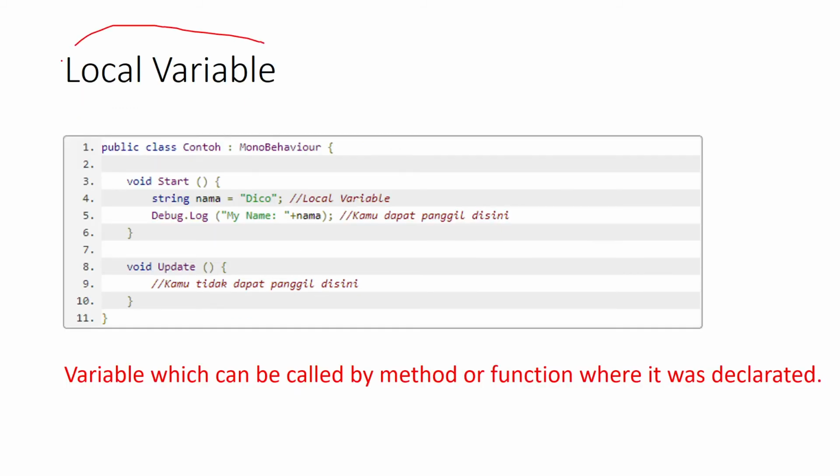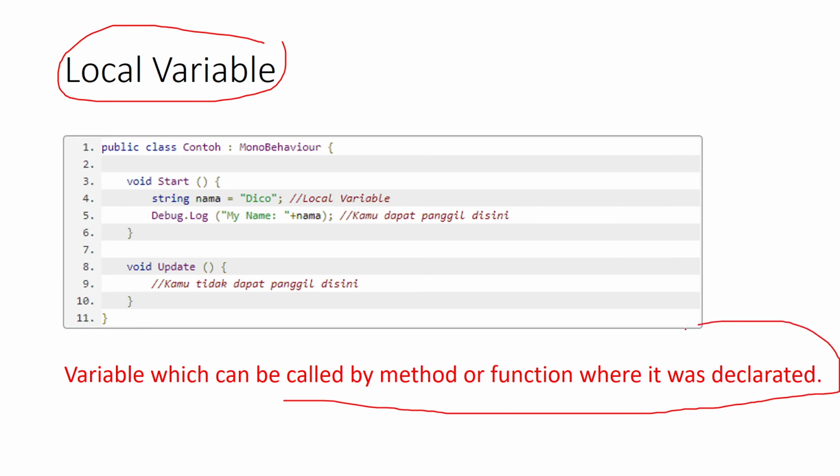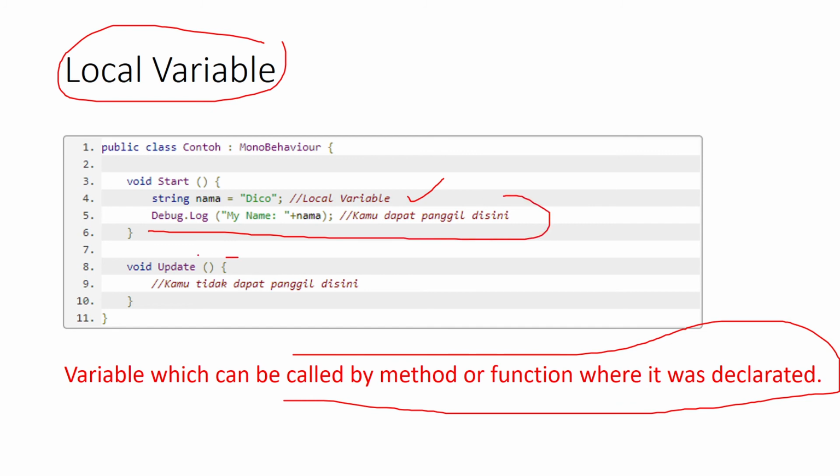And this is a local variable, which can be called only by the method or function where it was declared. Since it's declared here under start, it can only be called here but cannot be called in update. If it's declared in start, it will only be called in start, not in update.